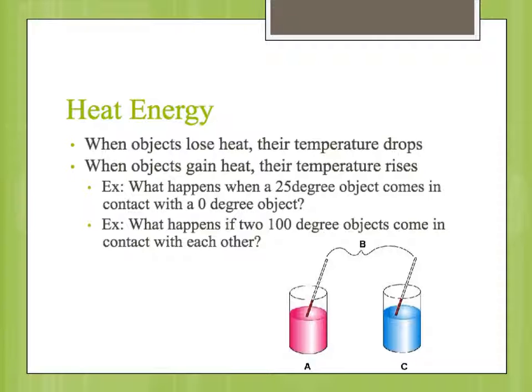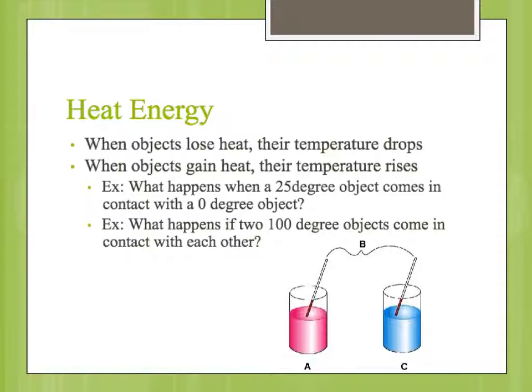Then that means the molecules in that object are going to move slower because they have less energy. And so their temperature starts to drop, because remember, temperature is a gauge of how much the molecules are moving. Now, when an object gains heat, the temperature starts to rise, because now the object's molecules are moving much faster. So that means their temperature is going to go up.